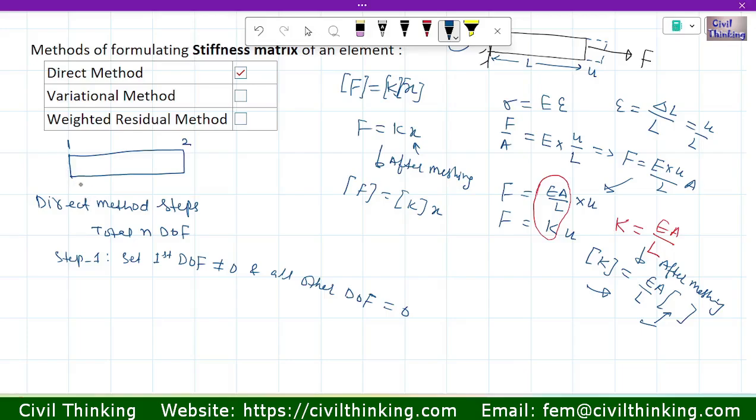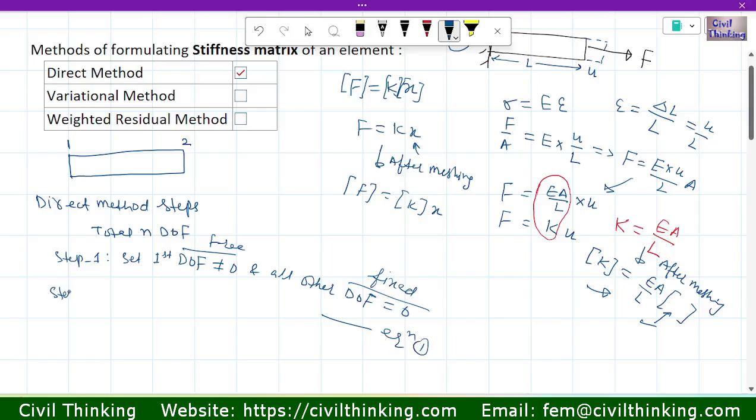If we talk about step 1, this is node 1, we will keep it free and fix all the others. When we fix something, the degree of freedom gets 0, and that's why I write degree of freedom is equal to 0. It means I have set them as fixed. When it is not equal to 0, it is free. When we do this, we will get one equation, for example equation number 1.